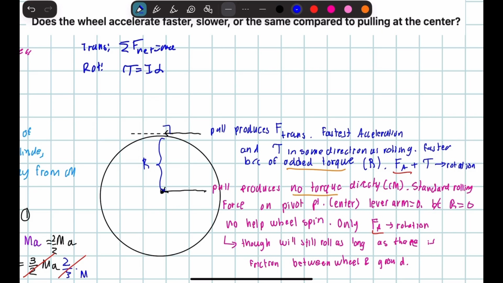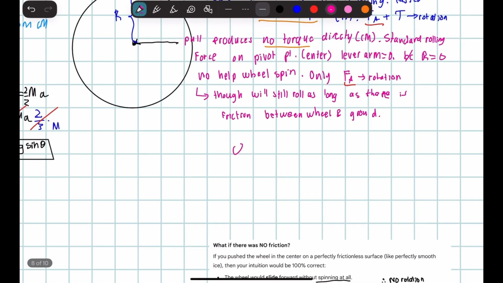Now at the center, for translational, we have F minus f equals ma, and for rotational, we have fR is equal to I times alpha.